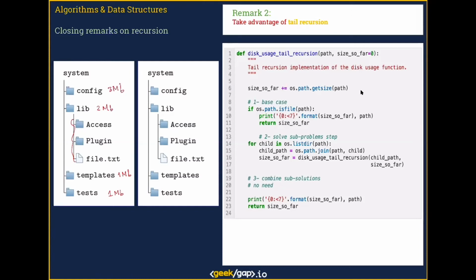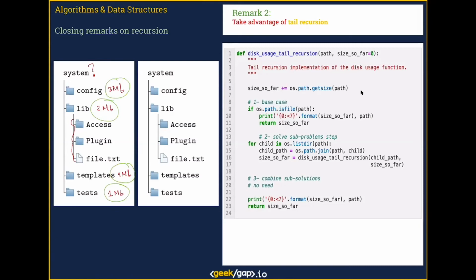So without tail recursion, in order to solve this guy, you need to have the individual solutions. You need to have this and this and this and this.